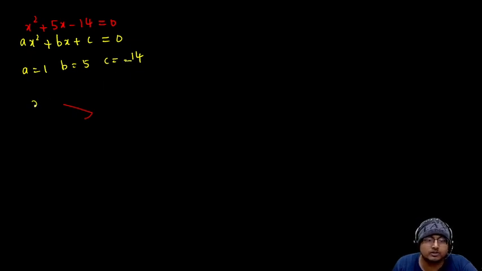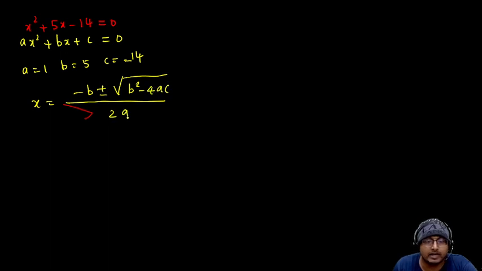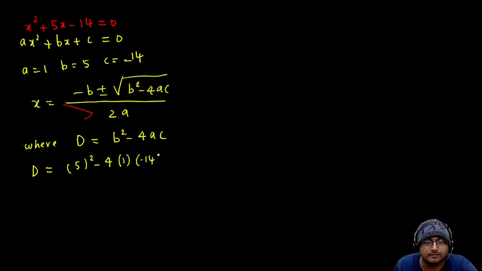Then we know the roots of the equation formula. What is the formula? x equals minus b plus or minus under root of b square minus 4ac, divided by 2a, where discriminant d is equal to b square minus 4ac. So let us substitute the values in d. d is equal to 5 square minus 4 into 1 into minus 14.